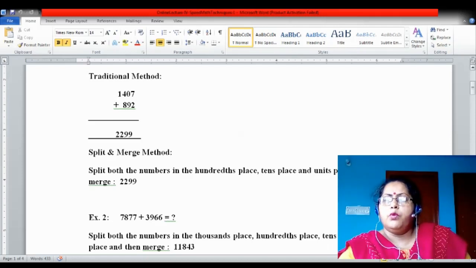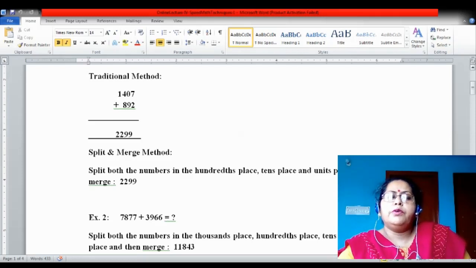Okay, so as I told you, it's not that you get a new answer, it's the same answer as with the traditional method, but 100% if you practice this, you will get the answer quicker than the traditional method. Maybe you save only 2, 3, 4 seconds, but that also helps much in a competitive exam.